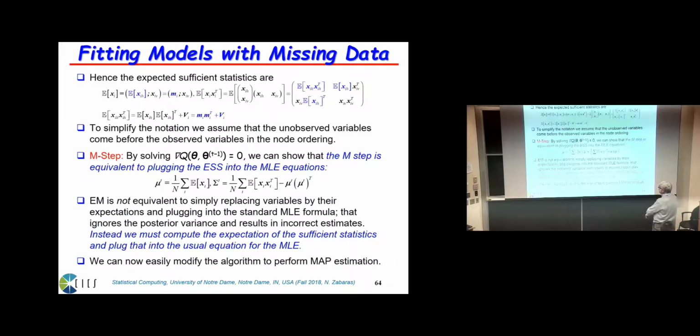And effectively, when you do optimization in the M step to compute the mean and the covariance of this Gaussian, it literally looks like applying an MLE estimate. You can see here, for the mean, it's like an MLE estimate, but notice that instead of having the data points xi, you have the expectations of the data point xi: for the hidden variables, you use their posterior expectations, and for the visible variables, you use what data you have.